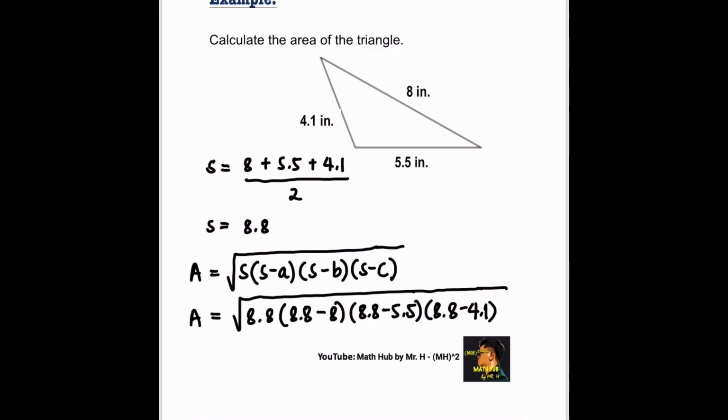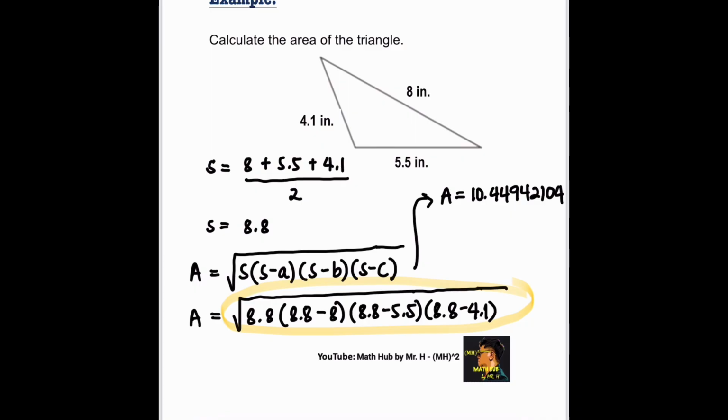We need to type in all of these on the calculator. The exact value of the area is going to be 10.44942104. That's the exact value.